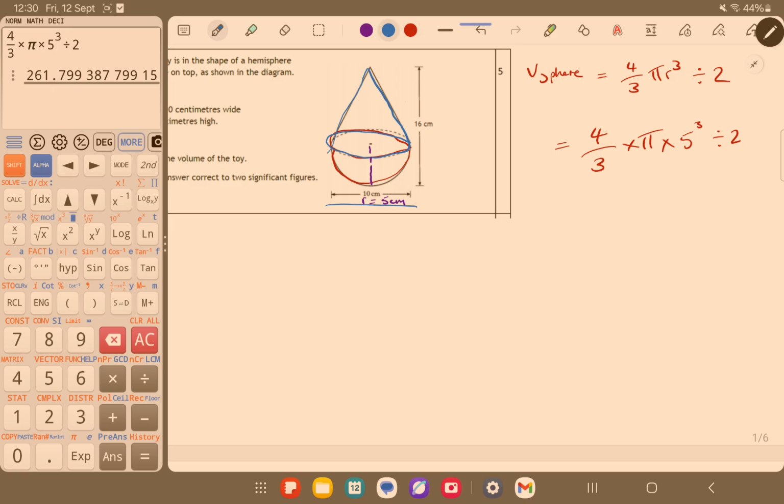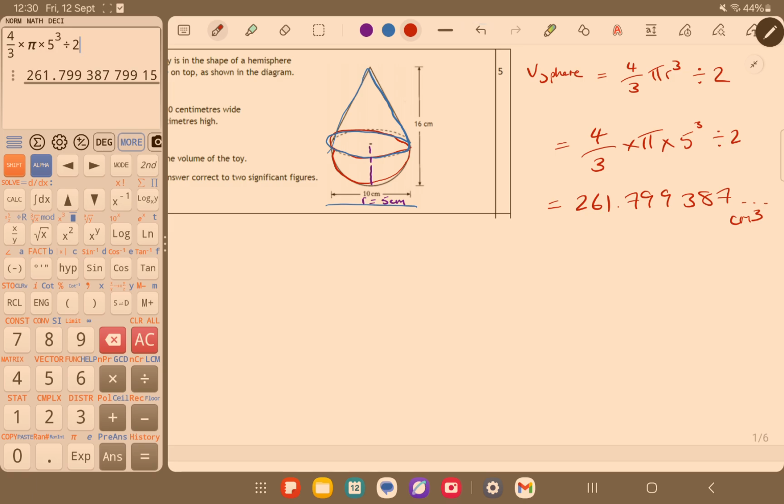So the answer for the sphere there is 261.799387. I'm just going to do that to 6 decimal places, and that's going to be centimeters cubed.